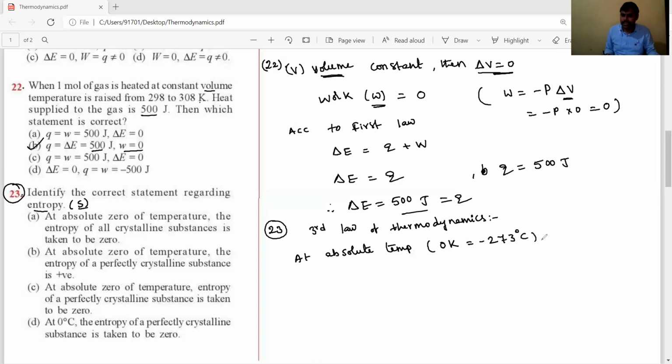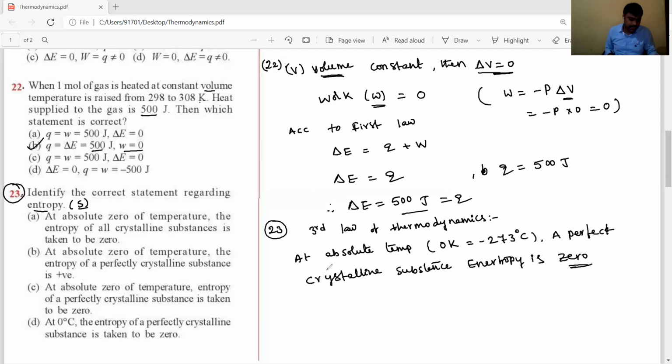At absolute temperature, a perfect crystalline substance has entropy 0. Entropy is 0, and this is known as the third law of thermodynamics.